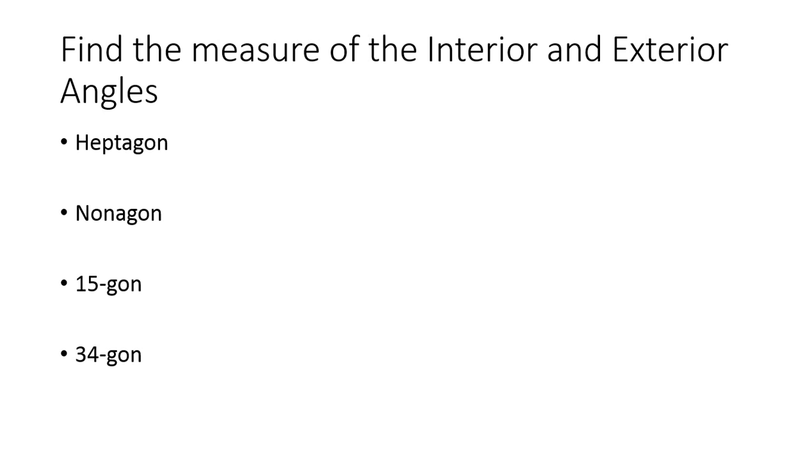To do the interior, we would have 5 times 180 divided by 7, which means our interior angles for the heptagon would be about 128.57 degrees. Now the exterior is easier. You just go 360 divided by 7 because there's 7 sides, putting you at 51.43 degrees. And that's for your heptagon.